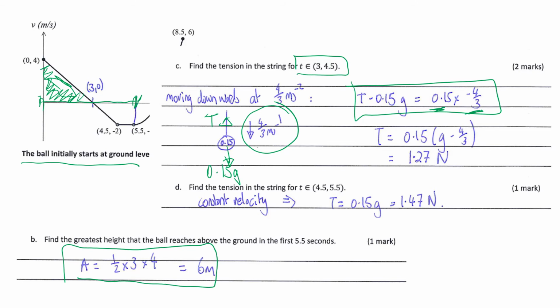We can add 0.15g to both sides, and we're able to determine T to be 1.27 newtons, or you could have left your answer in terms of g, which would have been totally fine. All right, so that's it. It's appreciating that it's like a lift problem. It's motion only in the vertical direction.